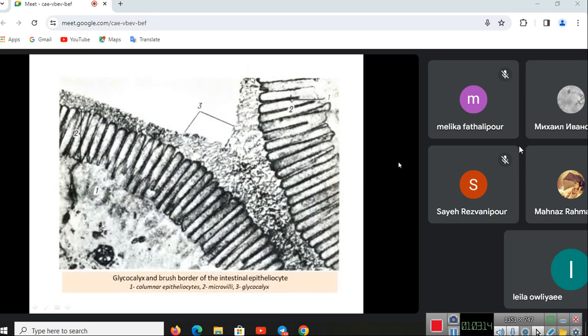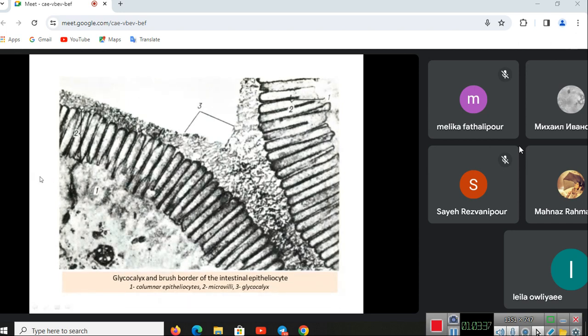Here you can see the top part of 3 cells of this epithelium. So why 3? Because here in the right part we can see the part of cell 1, and here is the area of cell junctions between cell 2 and cell 3.